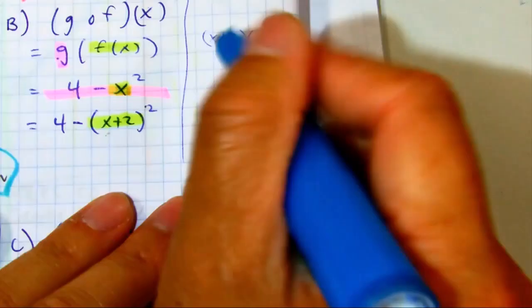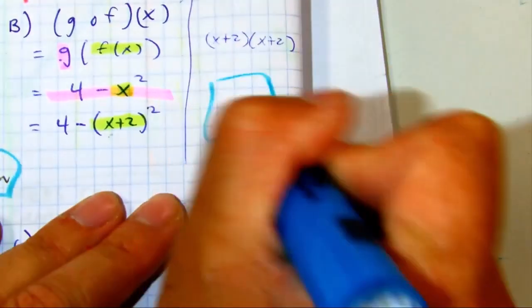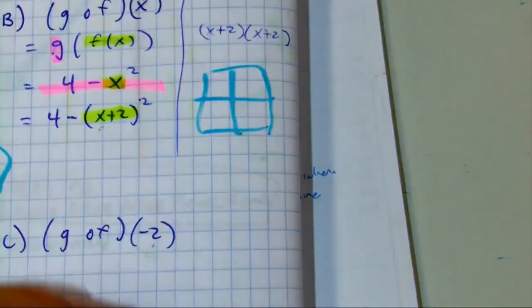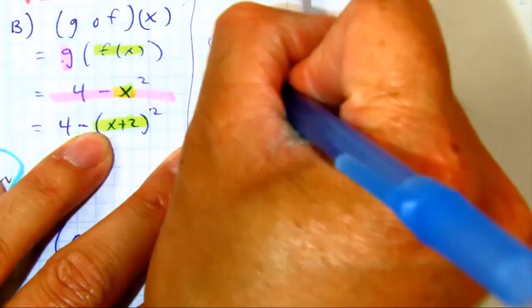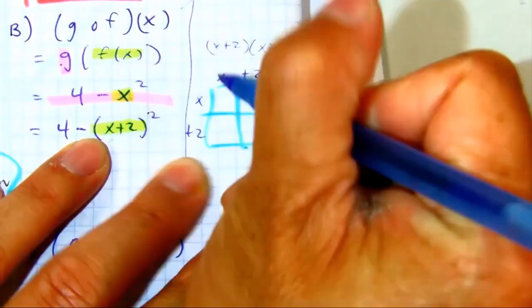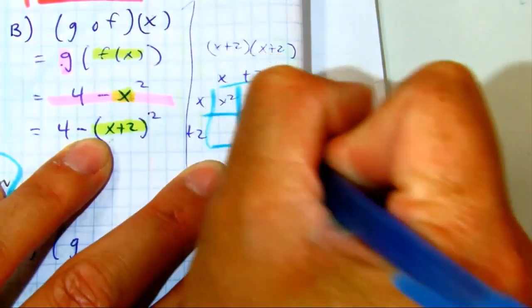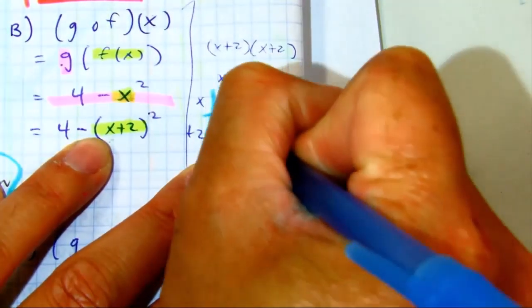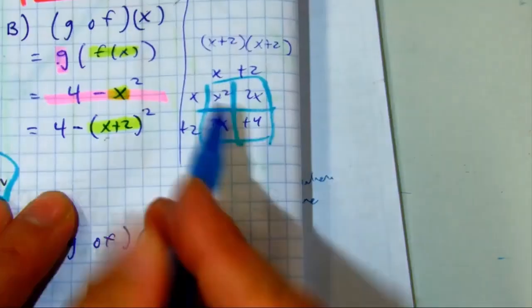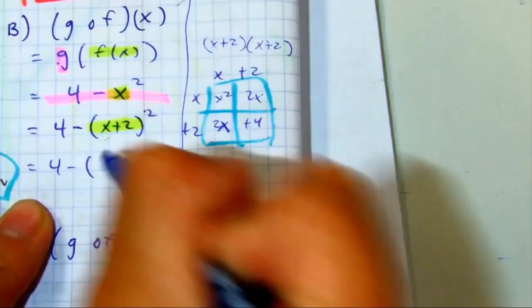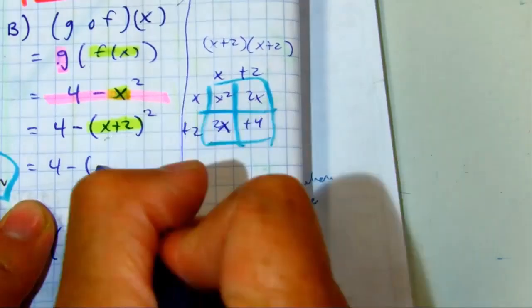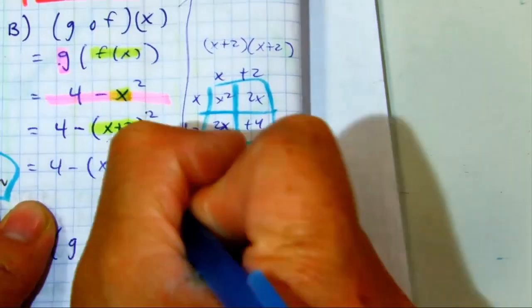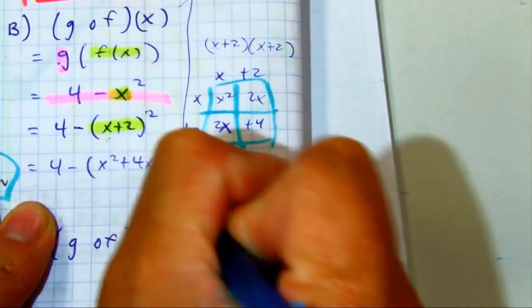You can use FOIL. Essentially, you'll multiply first, and then you'll combine like terms. Which ones are like terms, class? So what do you get as your answer? X squared plus 4x plus 4.